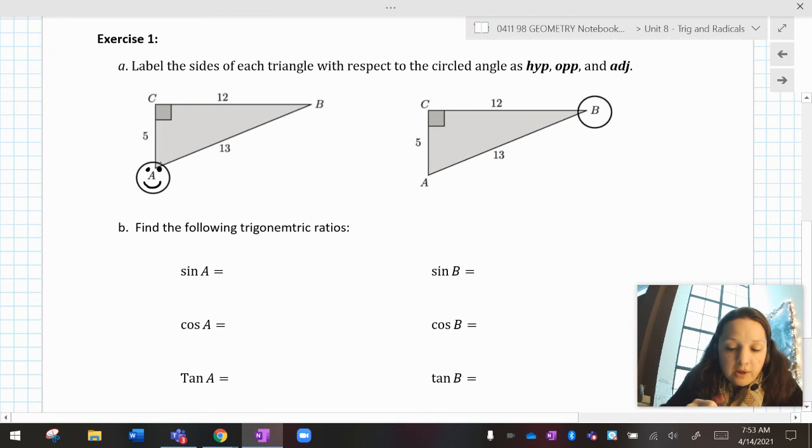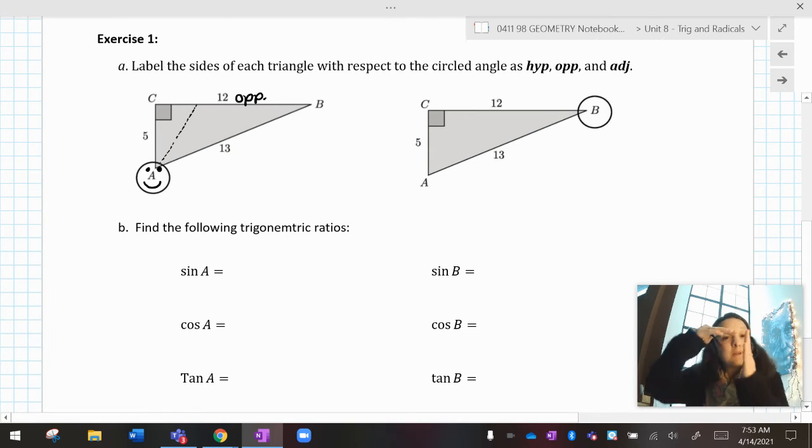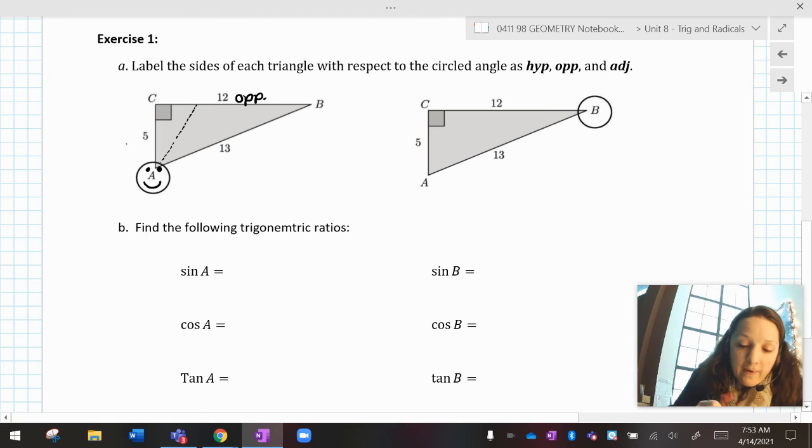So from the perspective of A, the side that's furthest away is called the opposite side. The side that's not furthest away but still forms the right angle, that's called the adjacent side. And then the side that's across from the 90-degree angle is your hypotenuse.